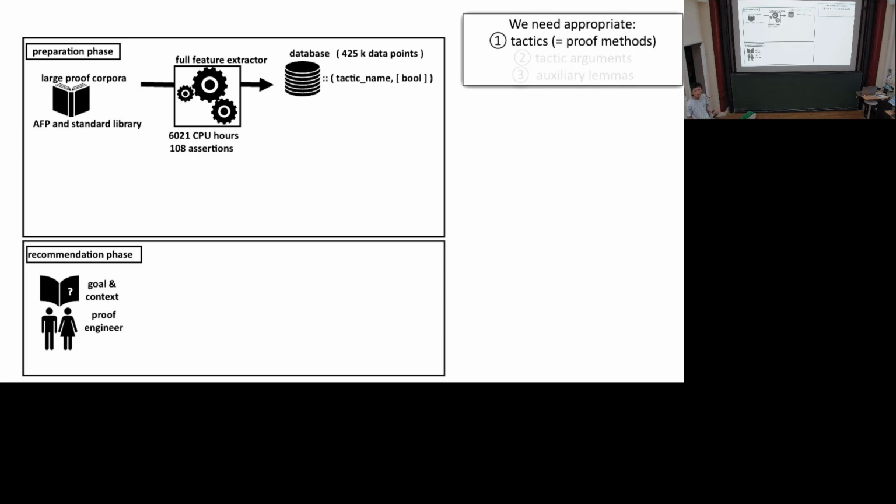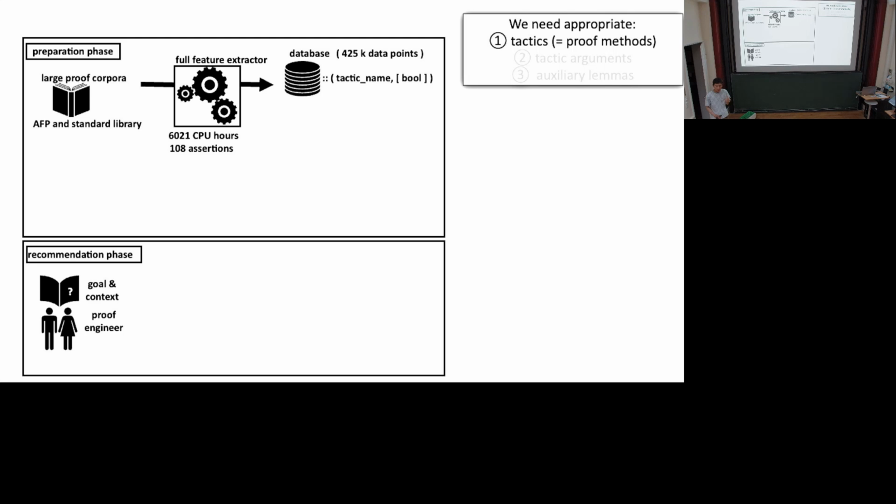When you say 108 assertions, what's the form of those assertions? Each assertion is a function. It takes a triple of tactic name, proof goal, and the underlying proof context.